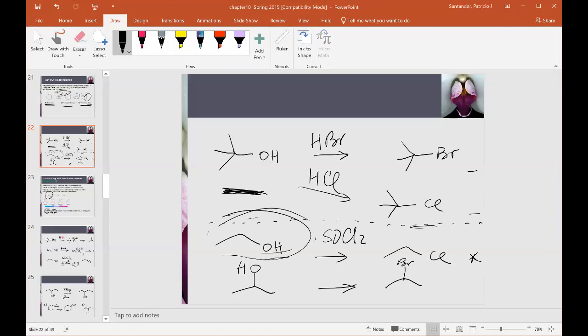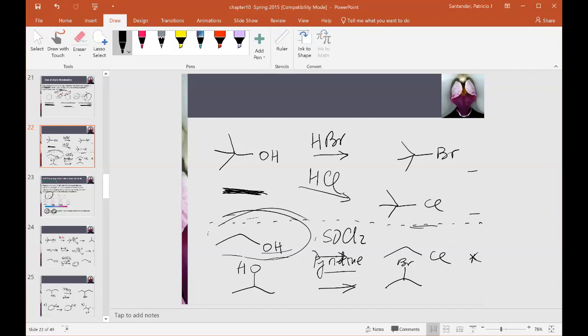And actually, in this method, you will use SOCl2 and pyridine. Pyridine is a base, so the purpose of using pyridine is to capture the hydrochloric acid that will be produced as a side product in this reaction.